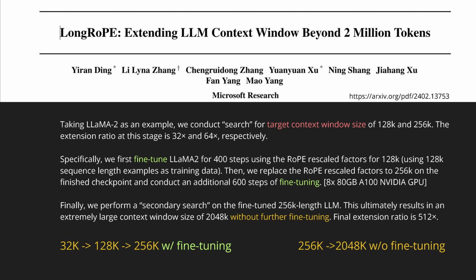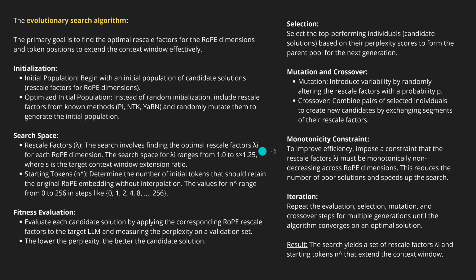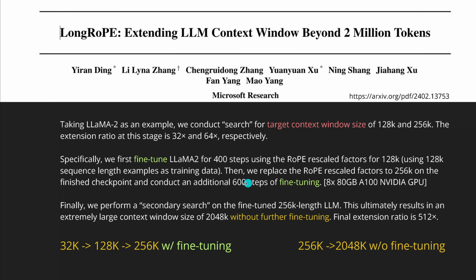So you see, this is something that is interesting. But we are still at 256K. How do we go, as they claim here, 2 million? And then they say, okay, if we have this, we perform a secondary search, and you know, search, this is here the search, so again, everything.